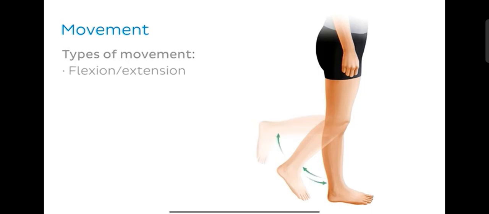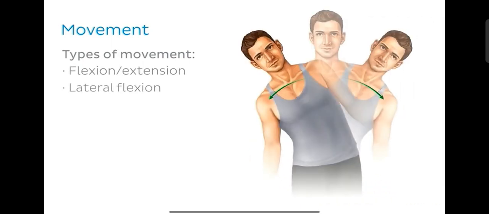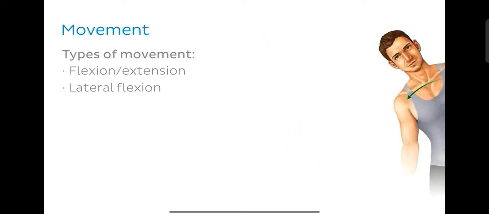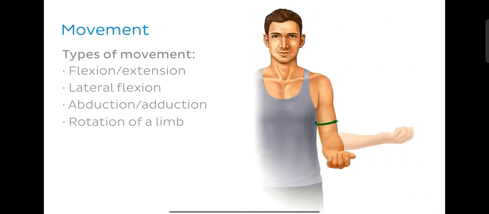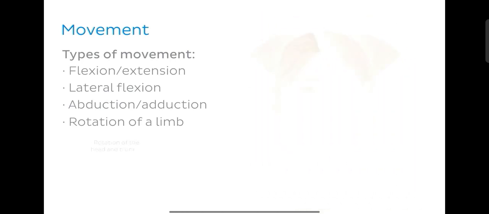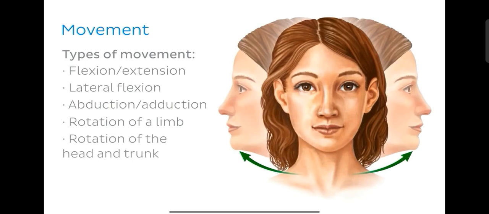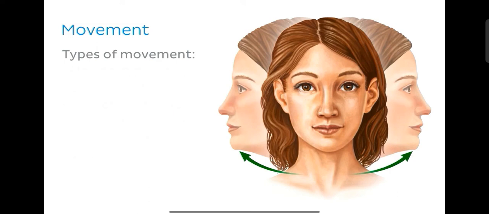We described flexion and extension as rotational movement in the sagittal plane, lateral flexion as rotational movement of a midline structure in the coronal plane, abduction and adduction as rotational movement of a non-midline structure in the coronal plane, rotation of a limb as rotational movement around the long axis of that limb, and rotation of the head and trunk as rotational movement in the transverse plane, or in other words, around the long axis of the vertebral column.